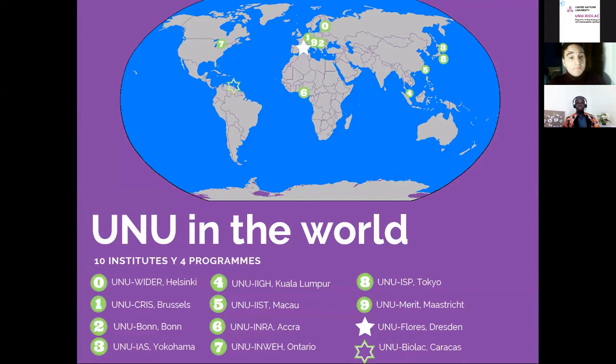Currently, we have institutes in different parts of the globe. UNU-BIOLAC Caracas is the one located in South America. It's the only one located in Latin America and the Caribbean. Meanwhile, the CPR, the Center for Policy Research, is located nowadays in the United Nations building in New York. The other centers are located mainly in South Asia and Europe.